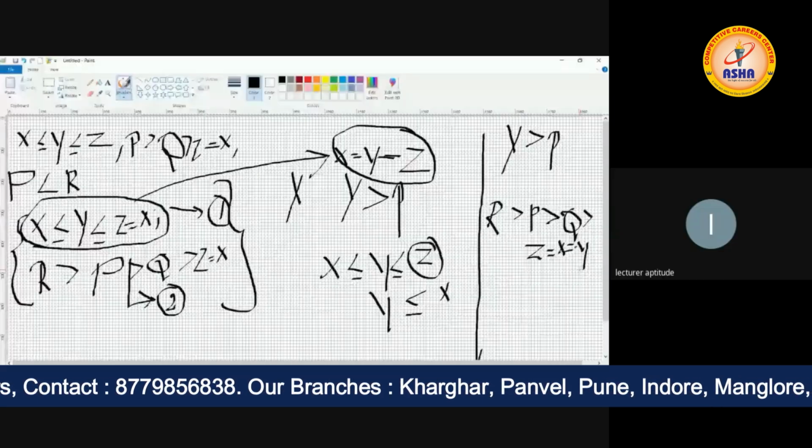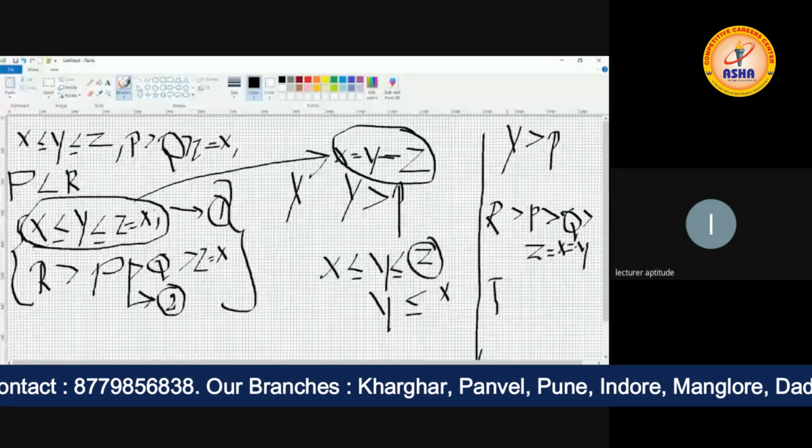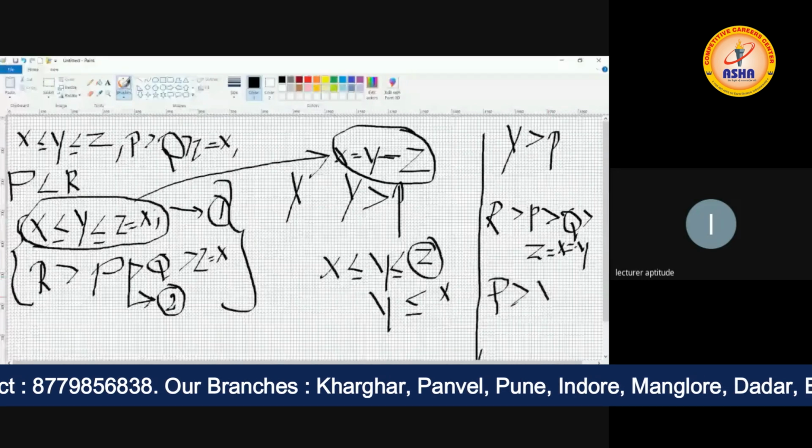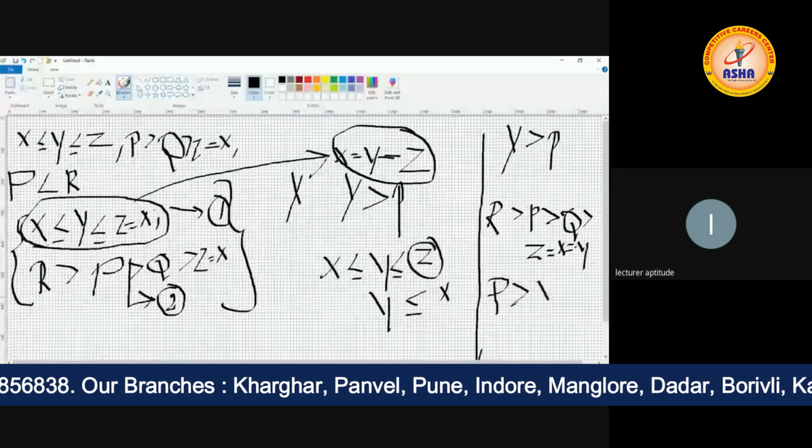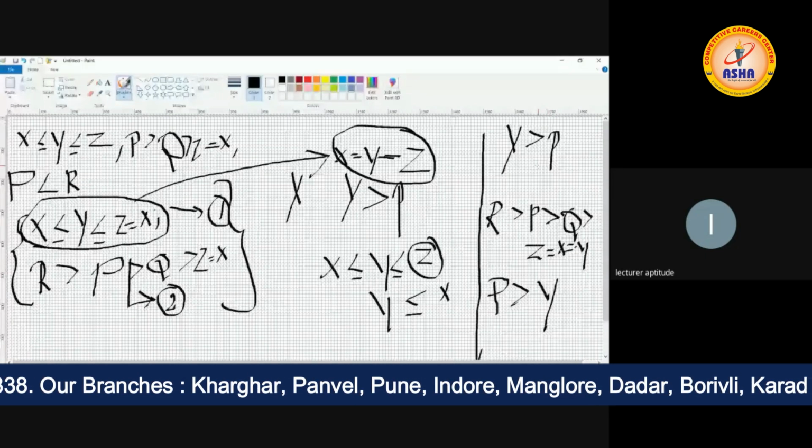P is greater than Y. That is the relation, right? But here it is given that Y is greater than P. So that is false. We can say that the relation is false.